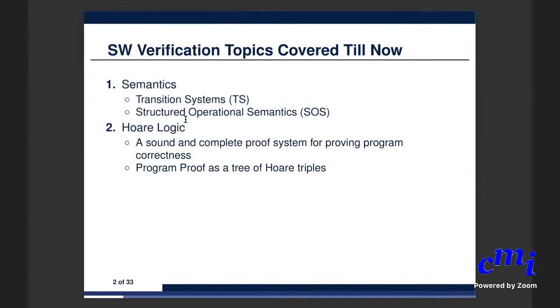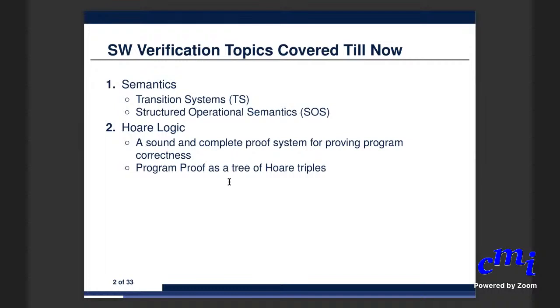Then we introduced Hoare logic as a specialized logic to reason about programs, okay, purely based on the structure, so that we could reason about all possible execution traces using predicates, okay, pre and post predicates.